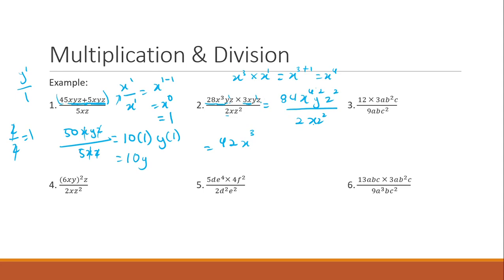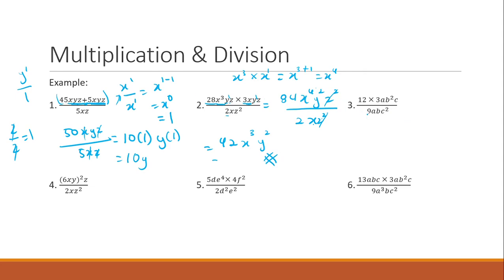Then y, we don't have anything to divide with, so y squared divided by 1, we still have y squared. And then z squared divided by z squared, 2 minus 2 we will get 0, so that means 1. So our final answer is 42x cubed y squared.